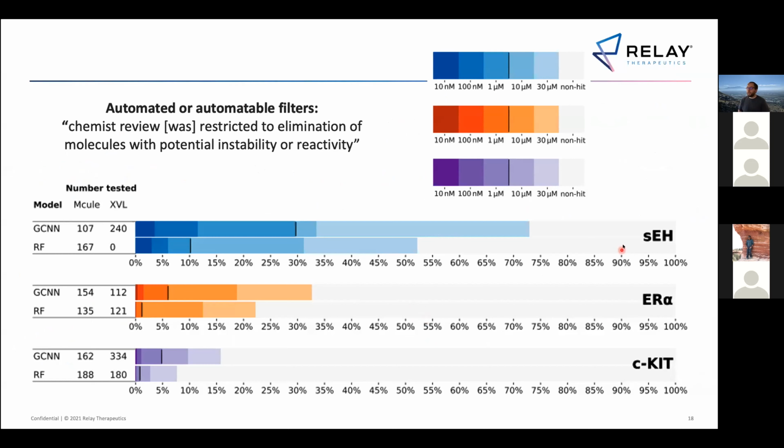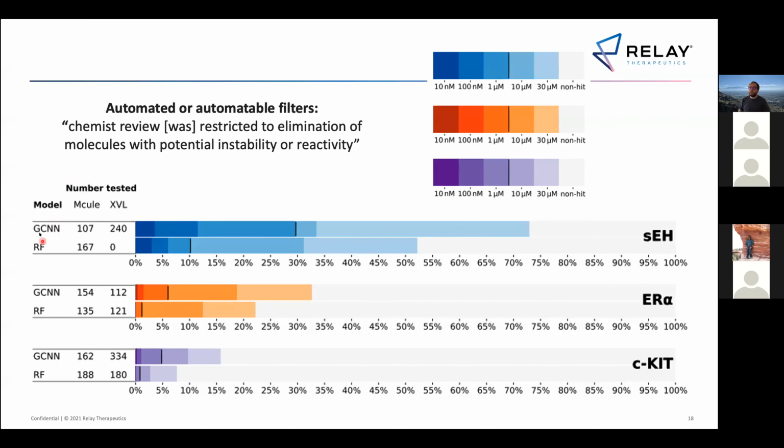We applied our techniques to 3 different protein targets: SEH, ER alpha, and c-KIT. The colors here indicate different levels of potency in the biochemical assay. The black bar indicates the threshold for 1 micromolar potency. So everything to the left is better than 1 micromolar.